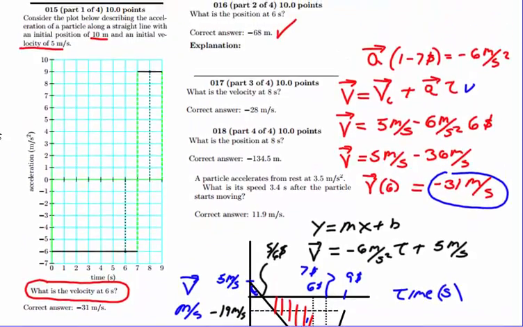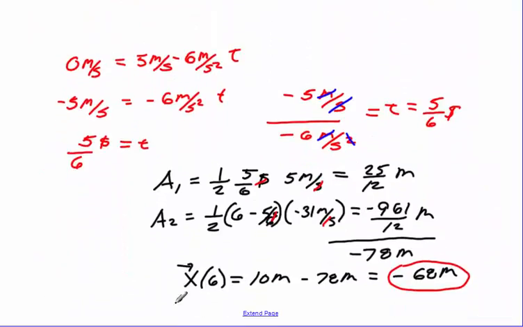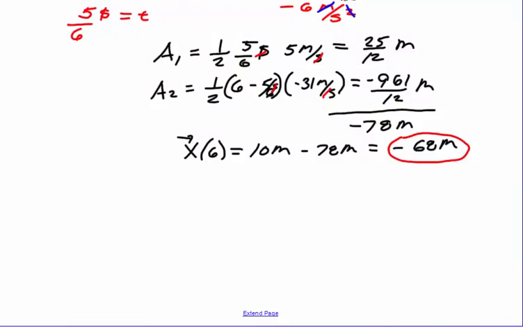Okay, now there's nothing that says you couldn't go back to the kinematic equation and calculate this particular one if you wanted to, and I'll show you what I mean by that. We know that our final position is equal to our initial position plus our initial velocity times t plus 1/2 times my acceleration times t squared.